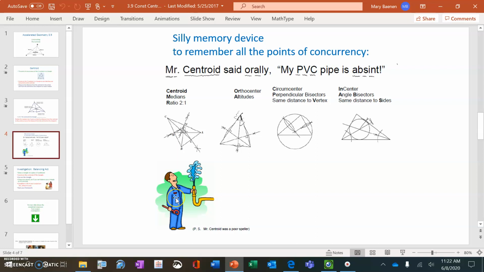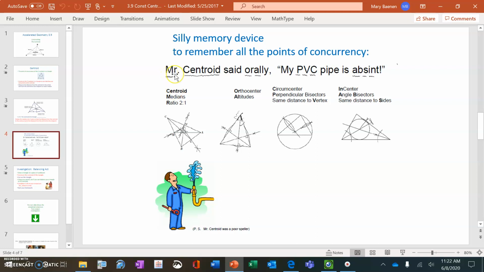Okay, so here is Mr. Centroid. I said P.S. Mr. Centroid was a poor speller because he spelled absent wrong. But here he is. Part of his PVC pipe is missing. It's absent. So Mr. Centroid, MR stands for made by medians, and it has a ratio of 2 to 1.